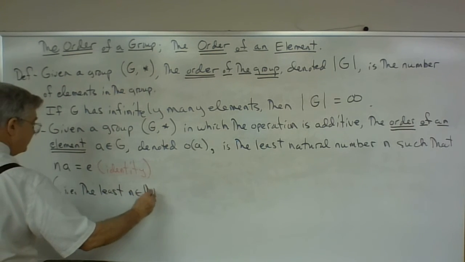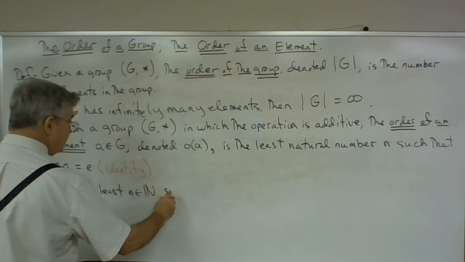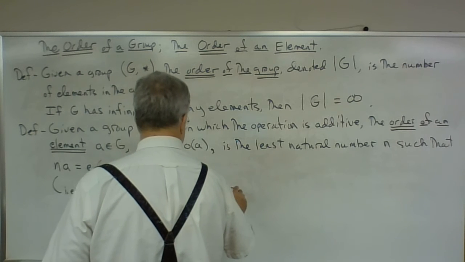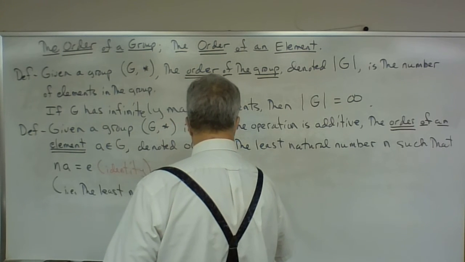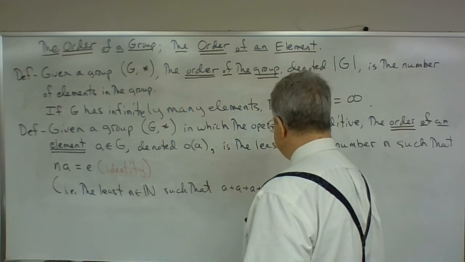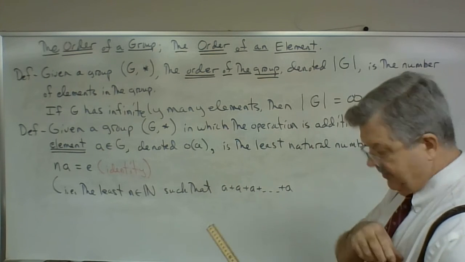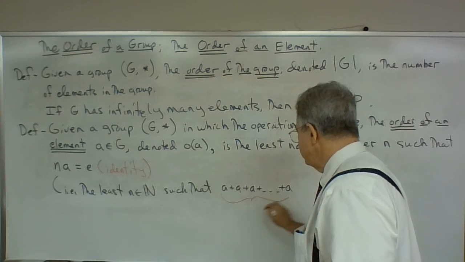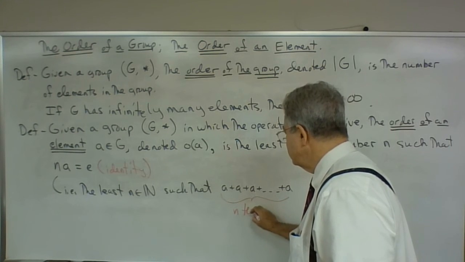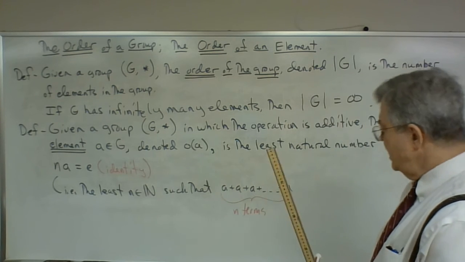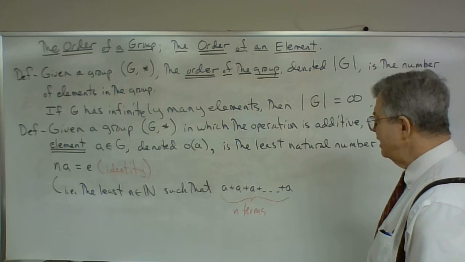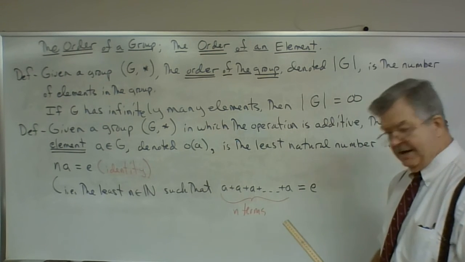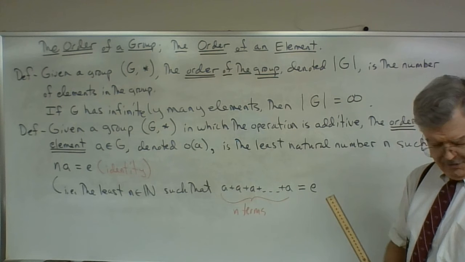The least natural number n such that A plus A plus A plus dot dot dot plus A, and this is n terms here. How many times do we have to add an element A to itself to get the identity? That's the order of an element.